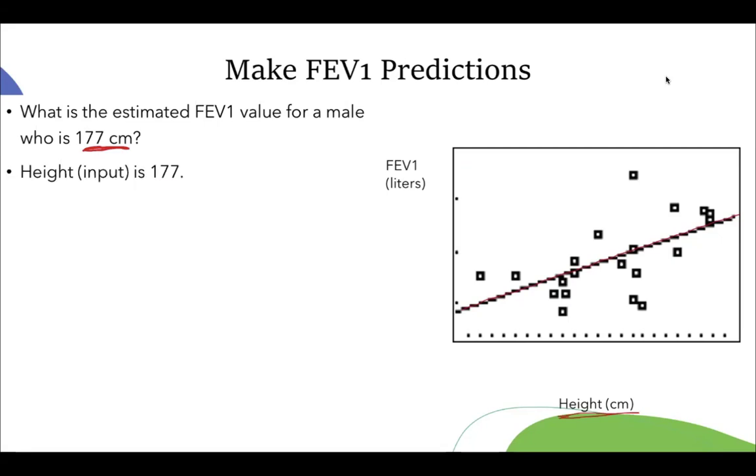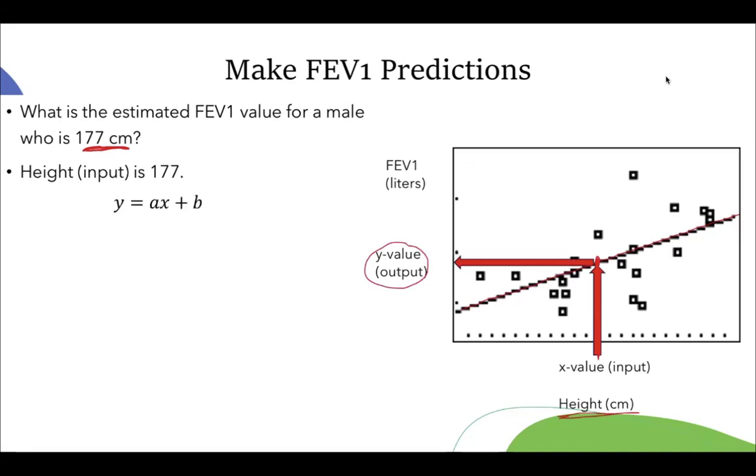And that's the input into our linear equation, the input x. So imagine that it's on the horizontal axis right around here, and we're going to put that x into our equation. We're going to get out the y, and that's going to be the answer to the question. That will be the FEV1 value.